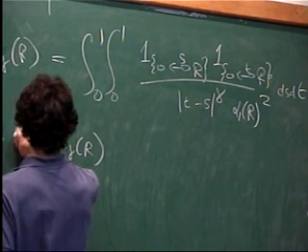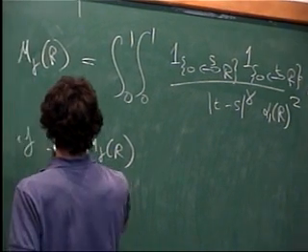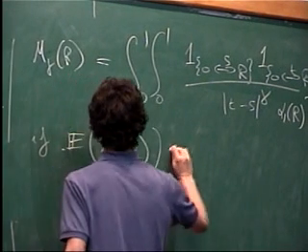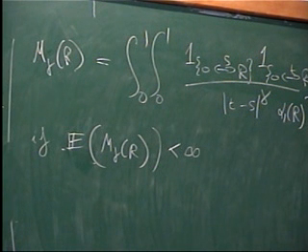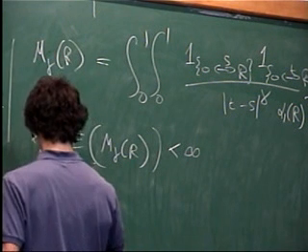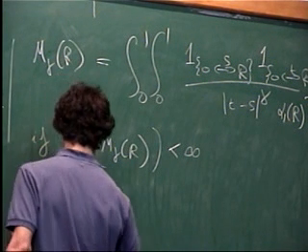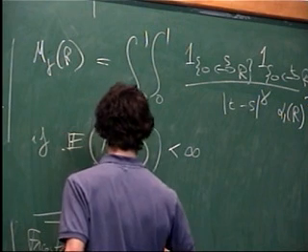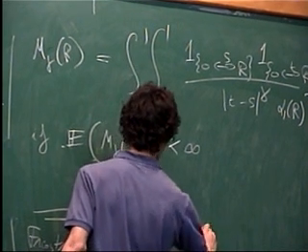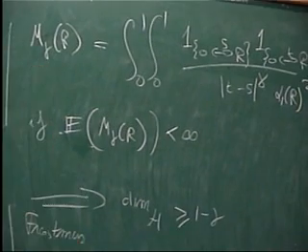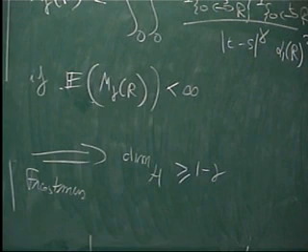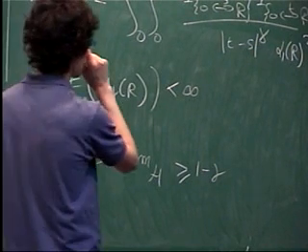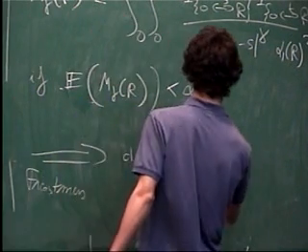If you can show that this energy is bounded, then Frostman tells you that the Hausdorff dimension is at least gamma.